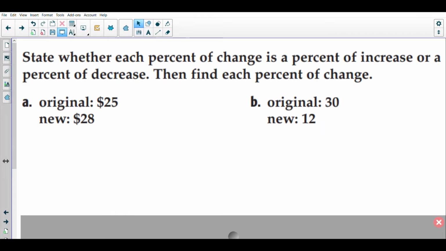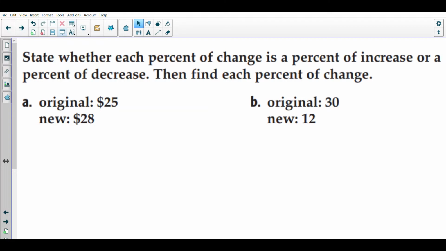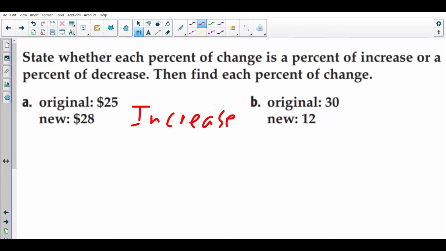Here we have two of them. We'll start with A. State whether each percent of change is an increase or decrease, then find the percent of change. In the first one, we can see that it went up 3, so this is an increase. Following the steps, we subtract: 28 minus 25 gives us 3.